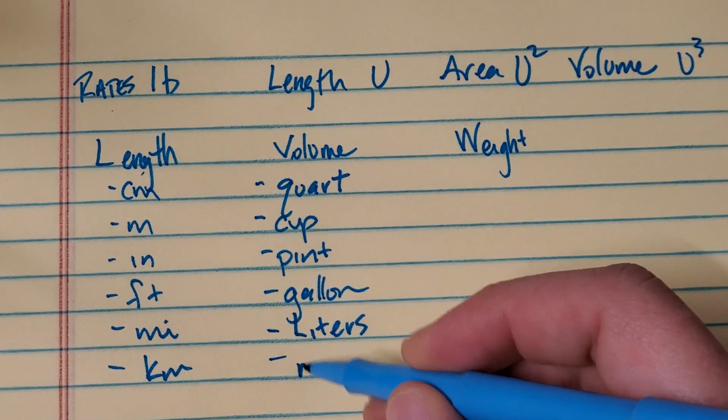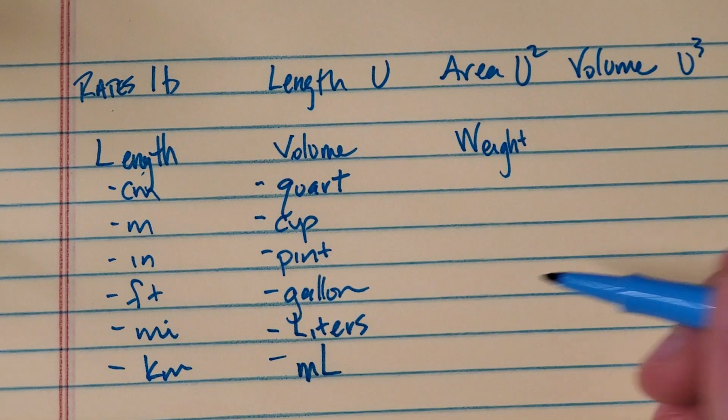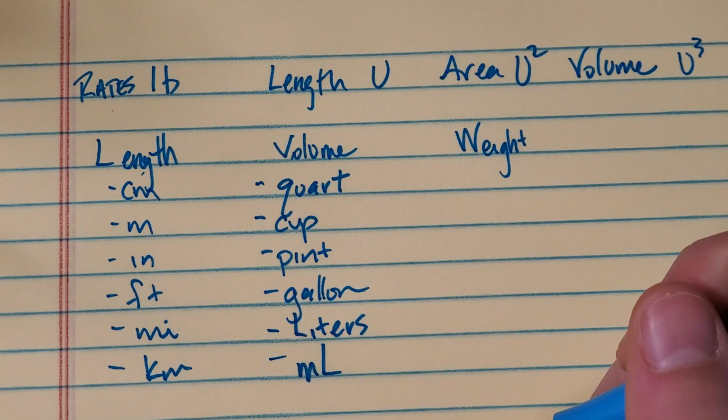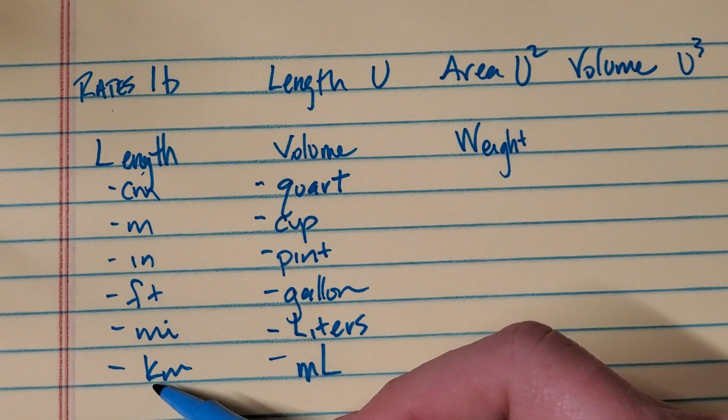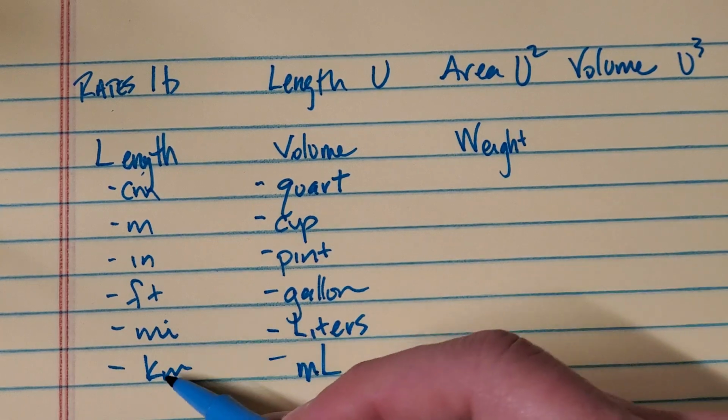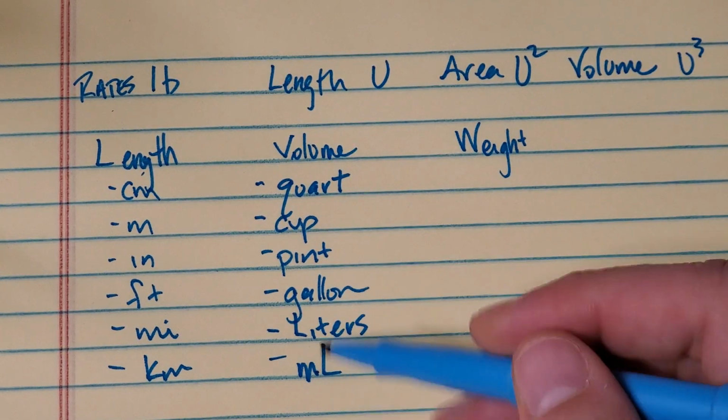And what makes up a liter? Milliliters. Okay, milli means like 1,000th of, versus kilometer would mean 1,000 meters. So smaller, bigger, right? So you got to understand that.